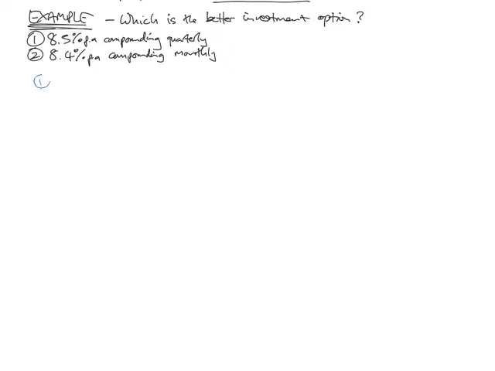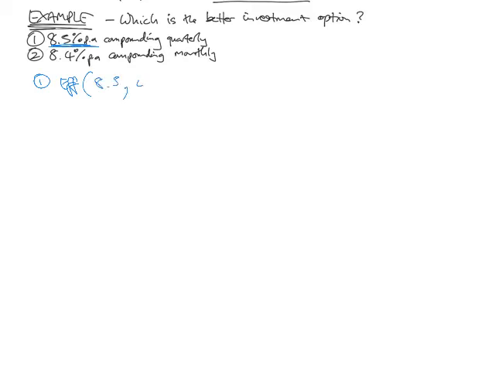I want to get an effective interest rate on 1, so I'm going to go EFF, and this is how you would show your working out. You have to show what you're putting into EFF. So go to Apps, Finance, scroll down to C, EFF. This is actually called the nominal interest rate. My nominal interest rate is 8.5%, and then comma, and if it's compounding quarterly, how many times is that per year?